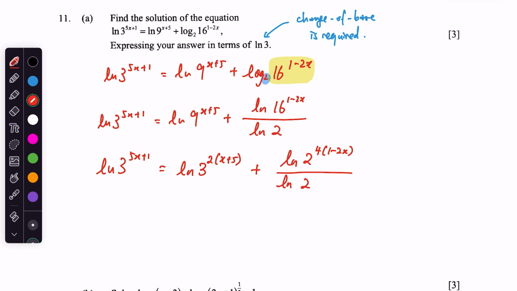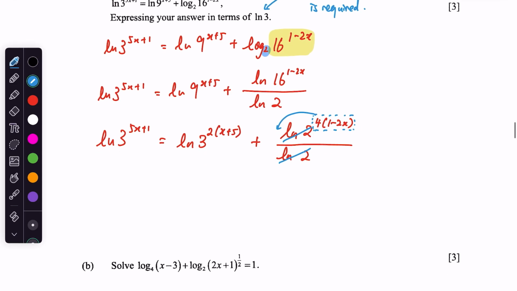The next thing we can do is bring out this power over here. This power over here, we can bring it outside of the logarithm, and then the ln 2 over ln 2 will cancel out. Okay, so let's do that. Second thing is we're going to subtract over.